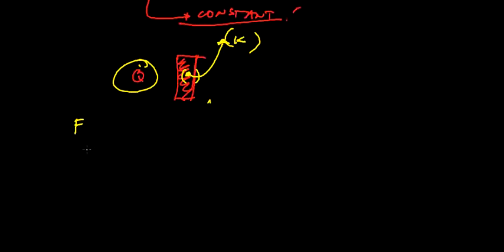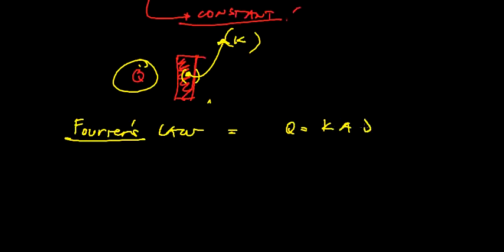So based from our Fourier's law, we say that our Q is equal to KA, our temperature gradient, and our change in X. Okay, and if we can have our rate per unit area, so we have K partial derivative of T with respect to x.